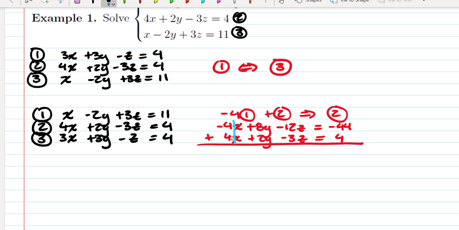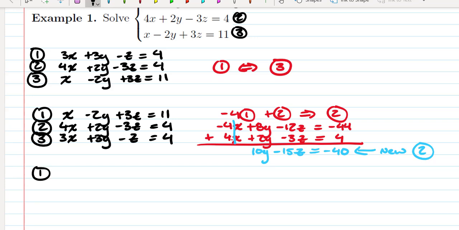So my x's eliminate as I wanted. 8y plus 2y gives me 10y. Negative 12z plus negative 3z is negative 15z. And negative 44 plus 4 gives me negative 40. This is my new equation 2.